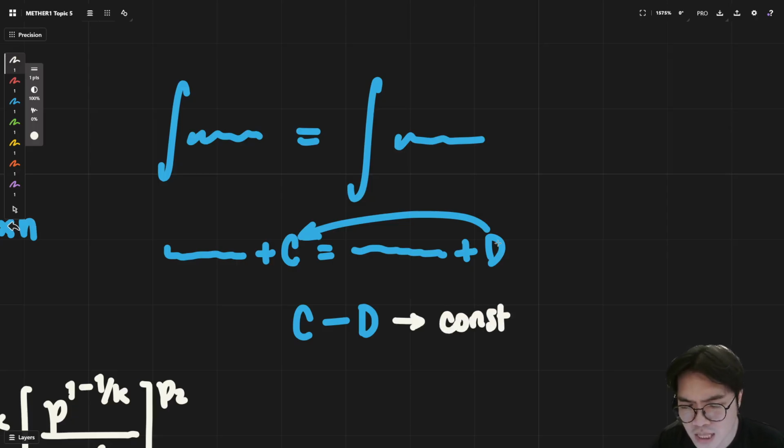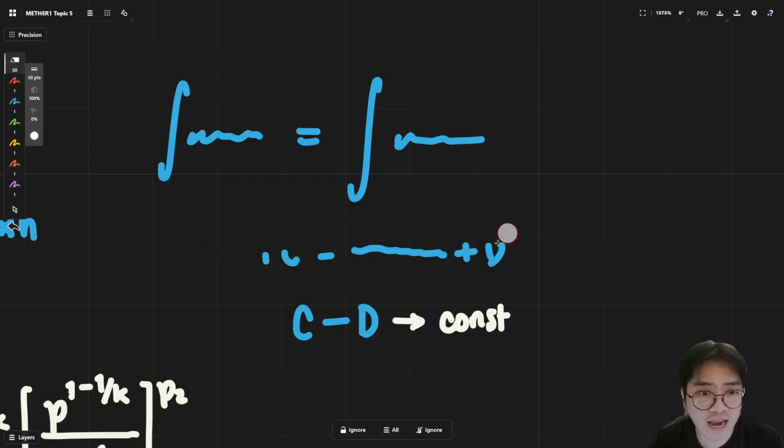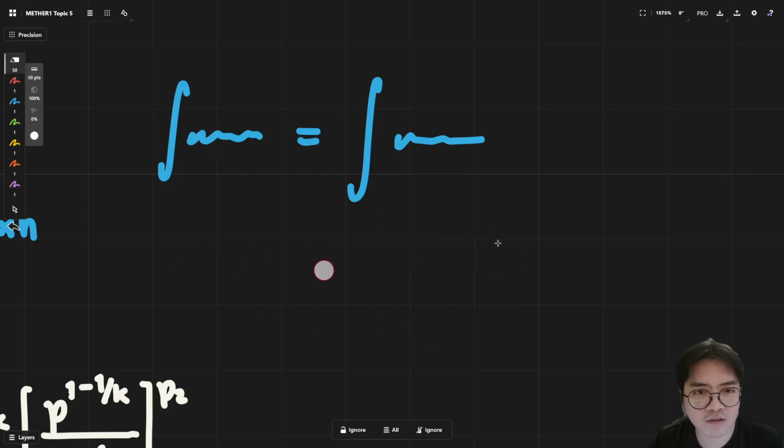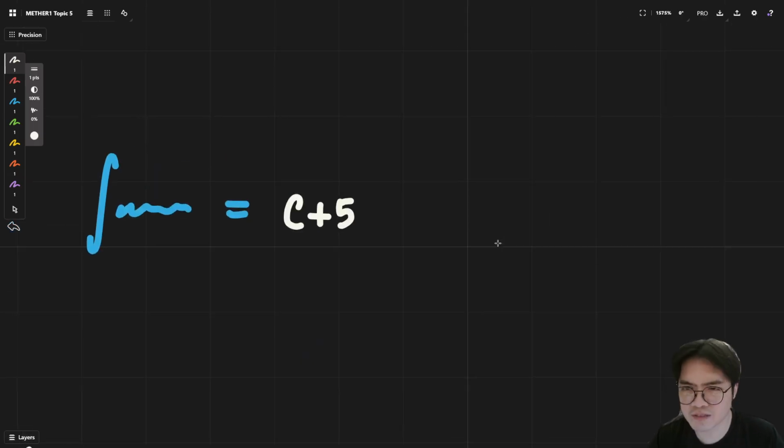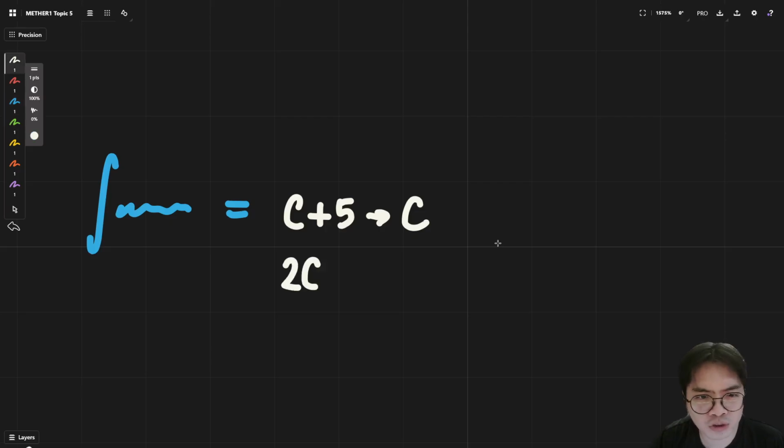So there is a little language that you're supposed to learn in Calculus 3. Say you encounter c plus 5. Well, a constant plus 5 is just another constant. In other words, it eats up the plus 5. Say 2 times a constant, well, it's just another constant.